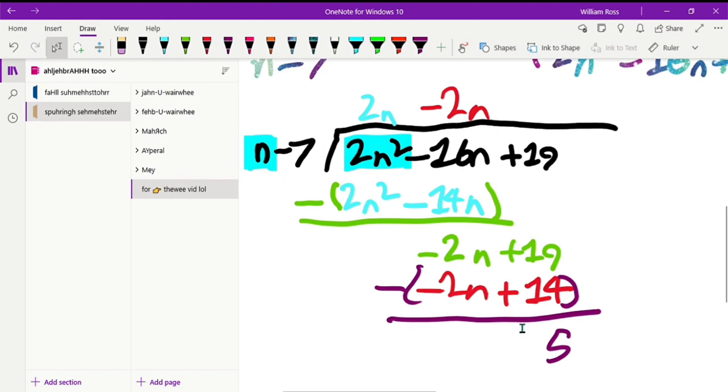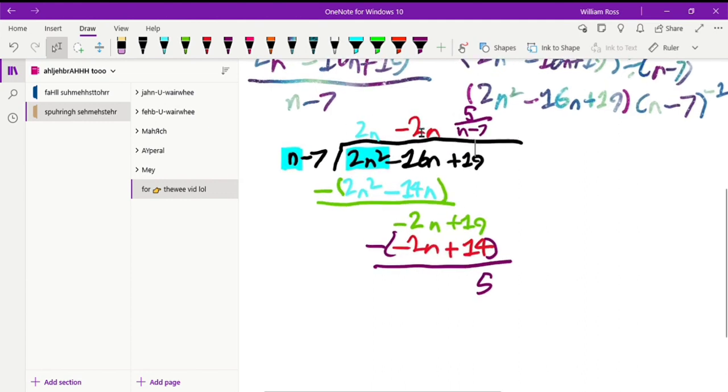Now what we do here, this would be your remainder, just like in elementary when remainders used to exist. And this is very similar to doing a mixed number. So the remainder would be your numerator, so it will be 5, and then this would be your denominator. So we'll have 5 over n minus 7.